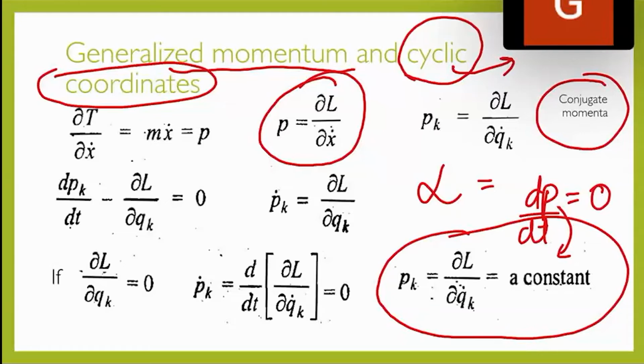Using this concept, you can find conservation of linear momentum, conservation of angular momentum, and conservation of total energy. You can apply the concept of the cyclic coordinate and find these conservation principles. It becomes very easy when you apply cyclic coordinate systems.